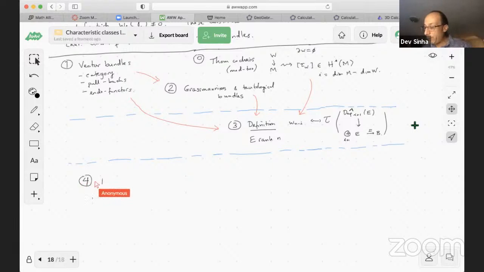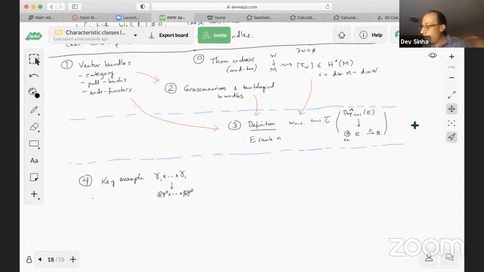So a key example is the external direct sum, which you can just think of as the Cartesian product of tautological line bundles.